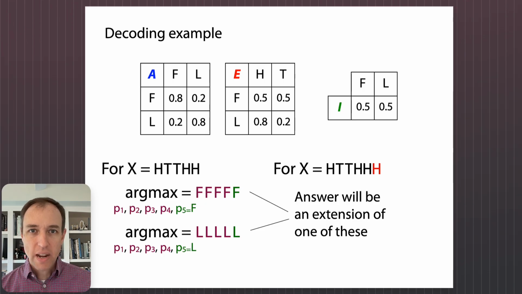Okay? So our answer will have to be an extension of one of these. So we still have work to do, but the good news is the work just requires that we take the maximum or the argmax over a number of possible extensions equal to the number of possible states.